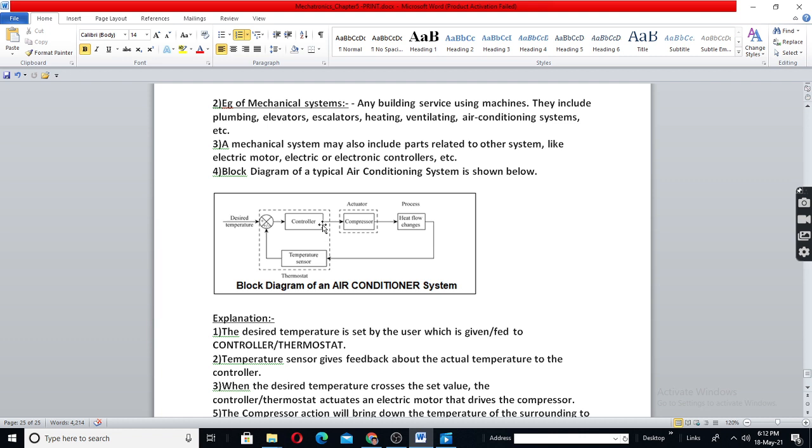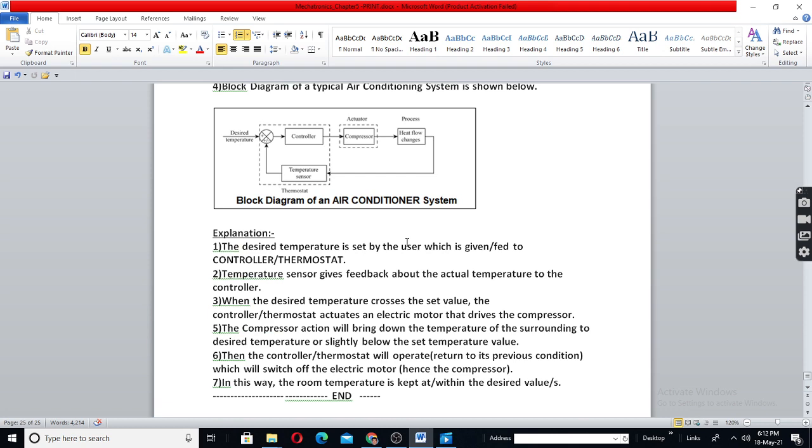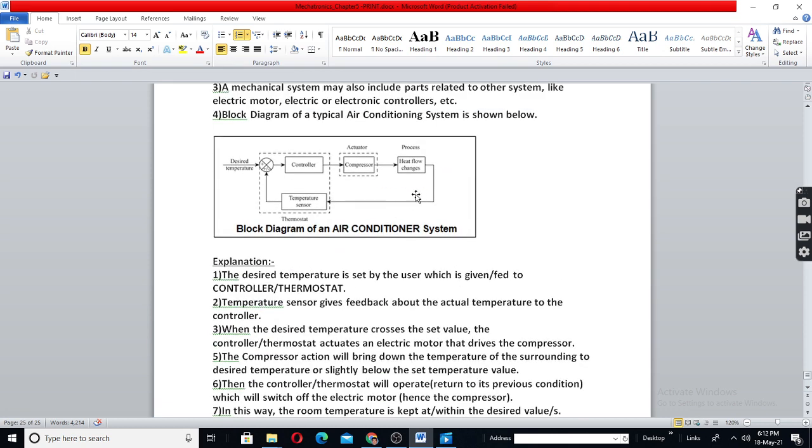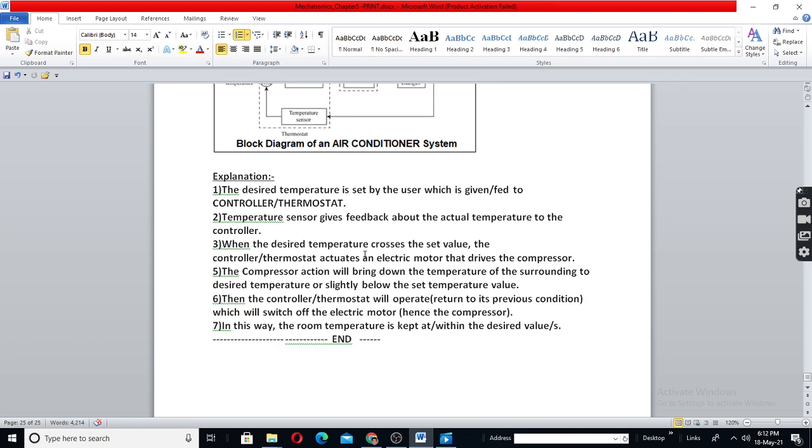Now it will actuate a compressor. It will give a signal to the motor, which will rotate the compressor, and then heat flow changes and cooling, etc., everything takes place. When the temperature comes to the desired value, the thermostat will return to its previous position and become off.